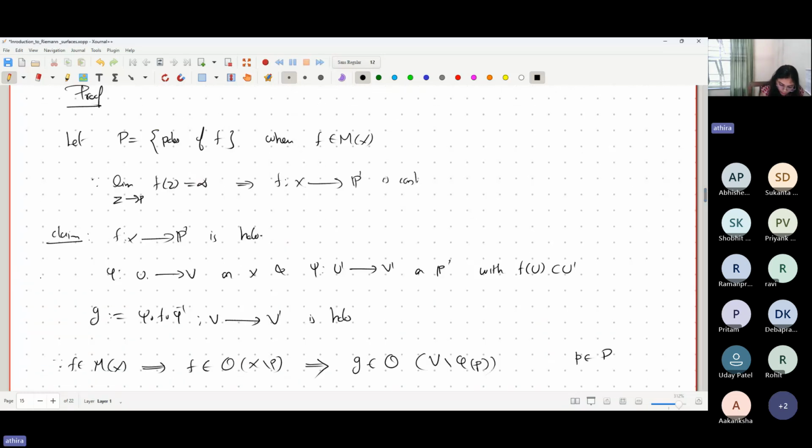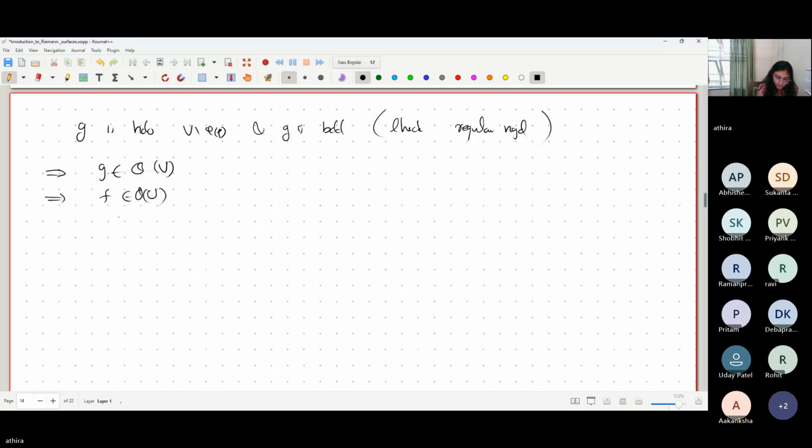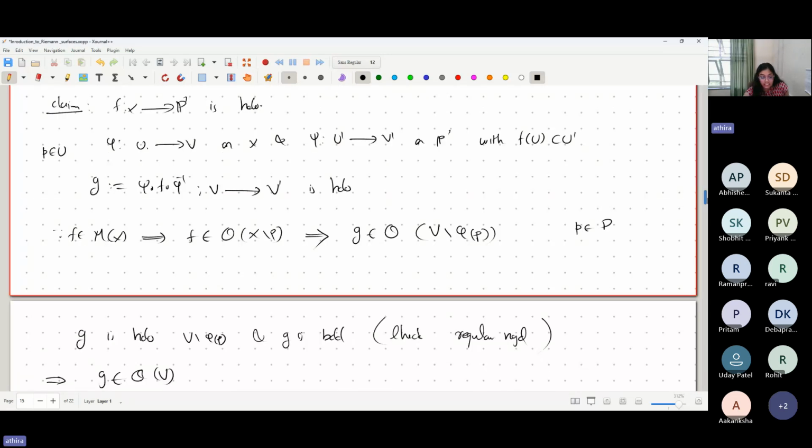Assume one more thing, p belongs to U. Clearly, we can show that for every point in capital P, we can holomorphically extend f. Is the proof okay?